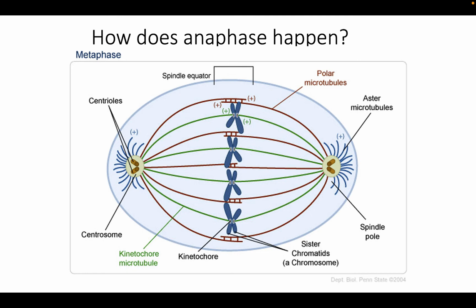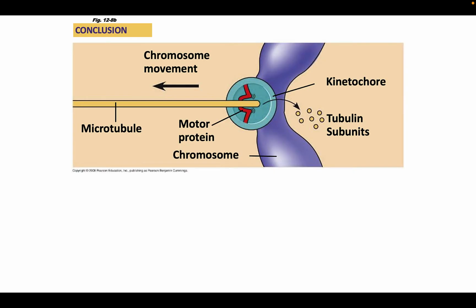And what we find is that the chromosomes are actually pulled apart by a little thing called the kinetochore motor that's attached to the centromere section of the chromosome. That kinetochore motor, there will be one on each of the sister chromatids, and it pulls its way down that microtubule spindle fiber by breaking off little tubulin subunits.